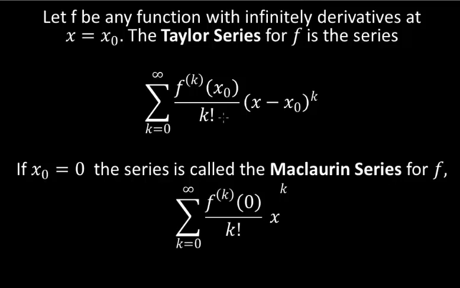Now if x naught is 0, as it is in all 5 of the series that you have on the table that will be given to you on the exam, those series are called, well, they're Taylor series too, but they're called Maclaurin series, where x naught is 0. And in that case, look at the k is up too high there. I don't know why.